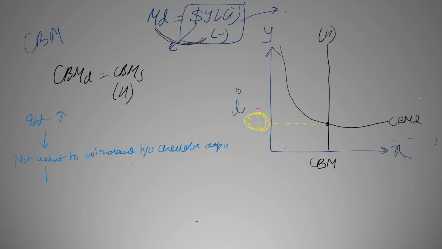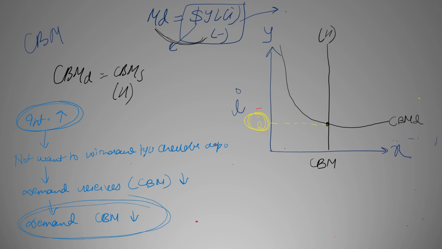When you will not want to withdraw your checkable deposits, then demand for reserves, which is a part of CBM, will reduce, right? Now, as it will reduce, then automatically demand for CBM will reduce. Hence, an increase in interest will lead to a decrease in demand of CBM and vice versa. So yes, this is it for this video. Thank you.